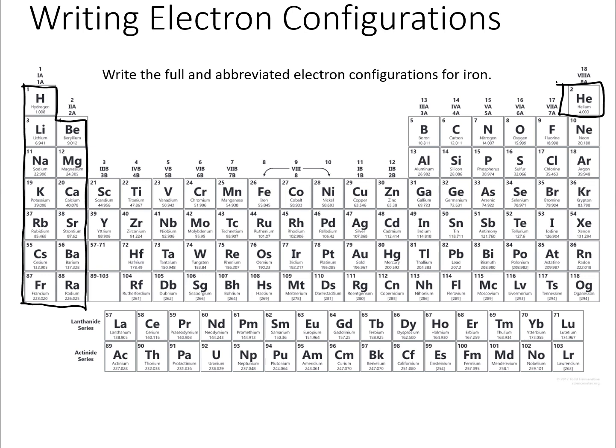Everything that's boxed in black is part of the S block. That means that it's filling an S orbital within the S sublevel.